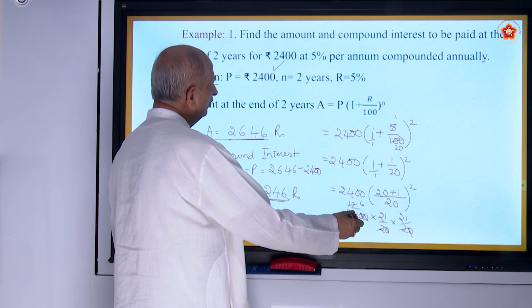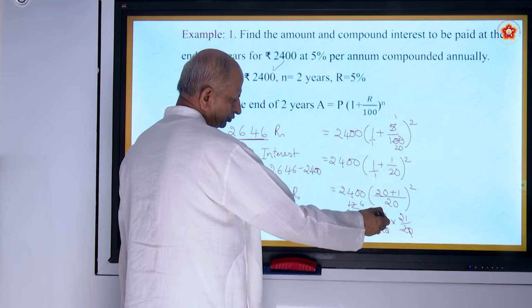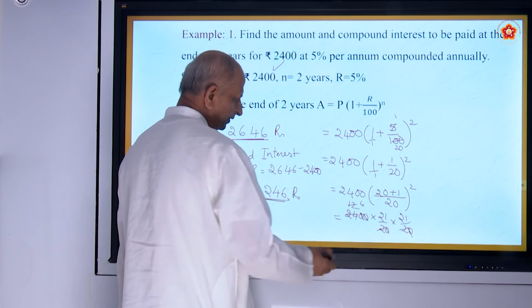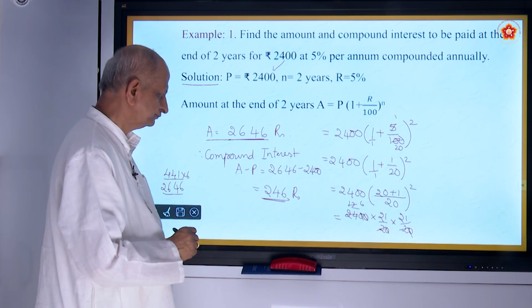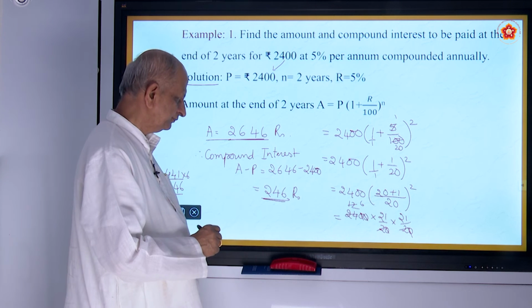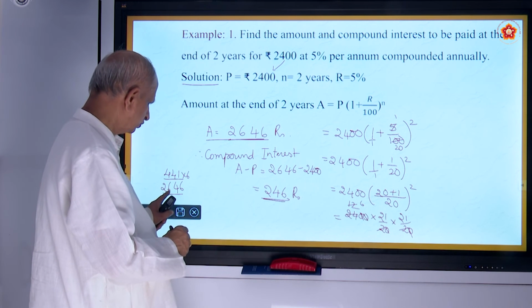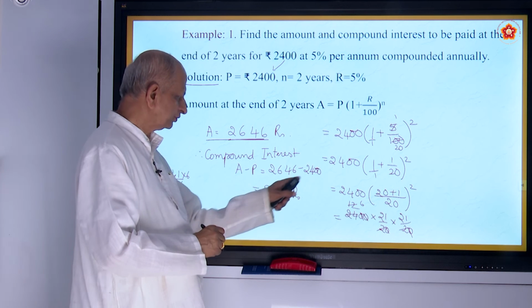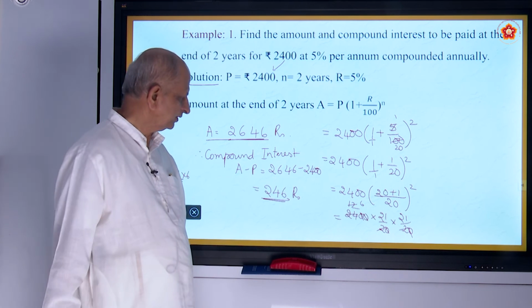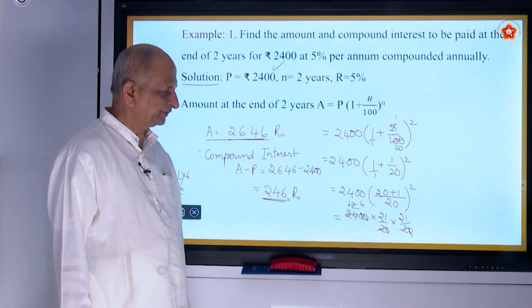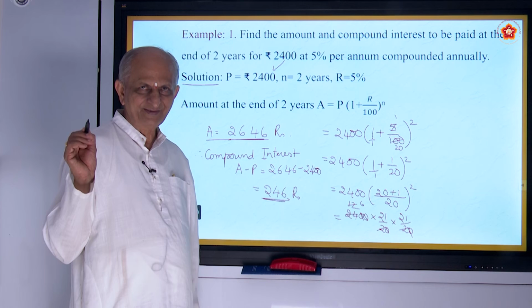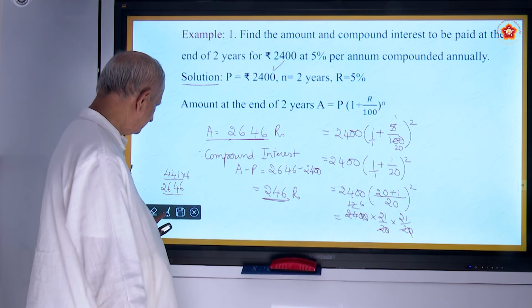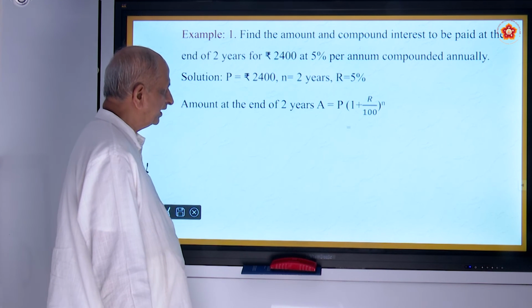Then 2400 into 21 into 21 becomes 441. Correct? Into 6, 2646 minus 2400. Answer is 246 rupees. Is it alright? Okay. Taken down? Okay. Next problem.